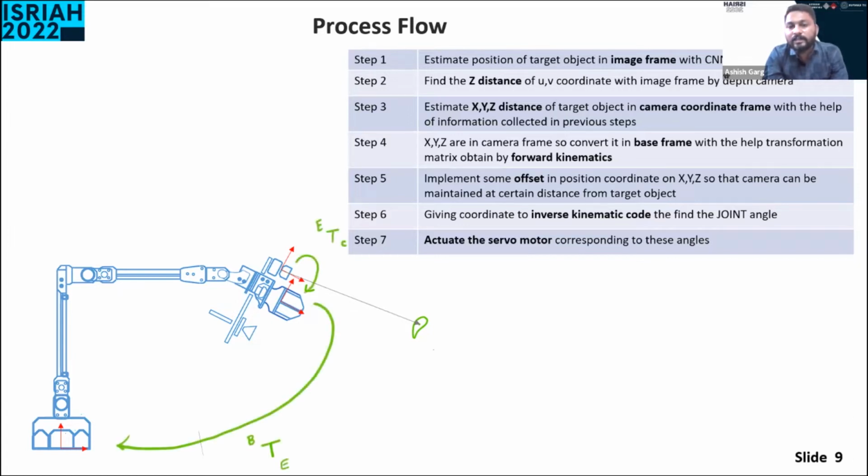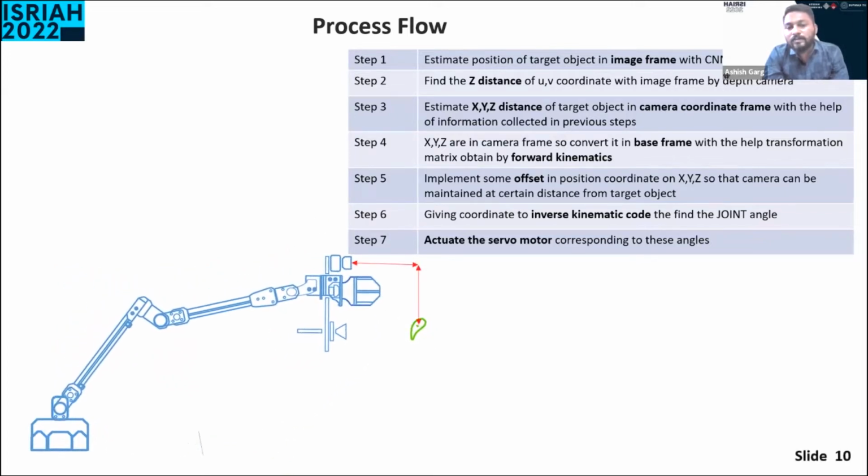For that, we have to calculate 2 transformation matrices: one from camera to end effector, and second from end effector to base. After some mathematical operations, we can find the position of the targeted object in the base frame. Once we get the target position, we give an offset to make sure the targeted object is in the region of nozzle operation.